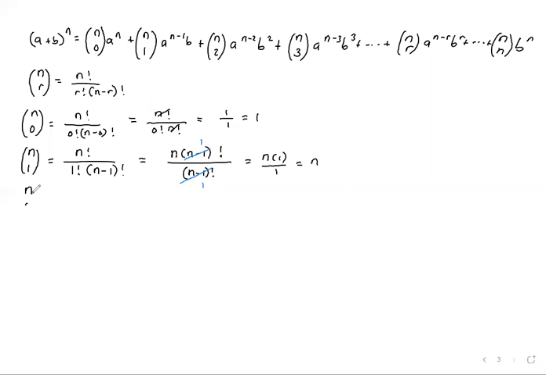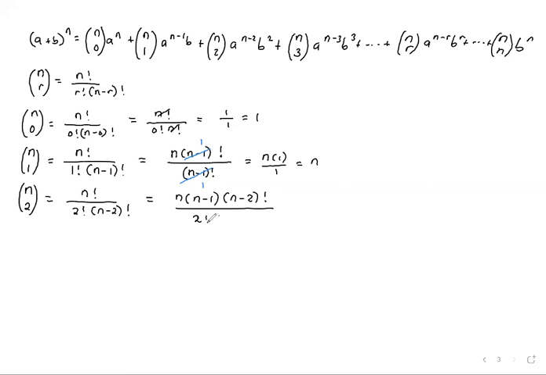So if you do n choose 2, you have n factorial over 2 factorial times n minus 2 factorial. This means that in the numerator you get n, reduce it to n minus 1, go to n minus 2, and end there because there is an n minus 2 in the denominator.